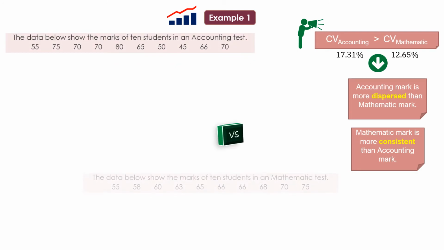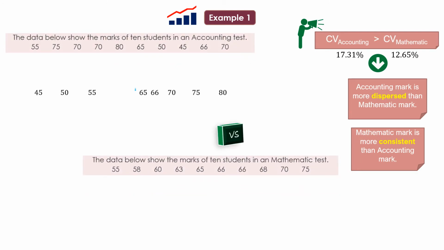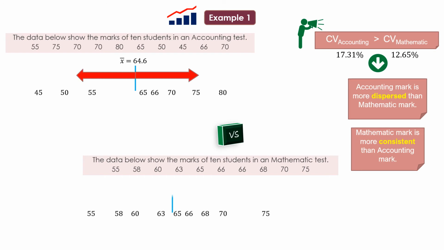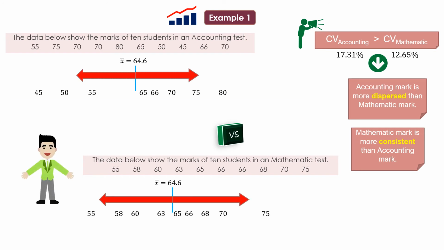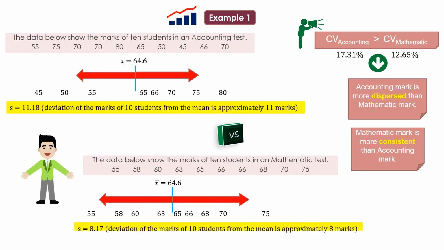As you can see, the mean for both data is the same, which is 64.6. However, they have different standard deviations: the standard deviation of the accounting test is more than that of the mathematics test. That's why the accounting test is more dispersed than the mathematics test.